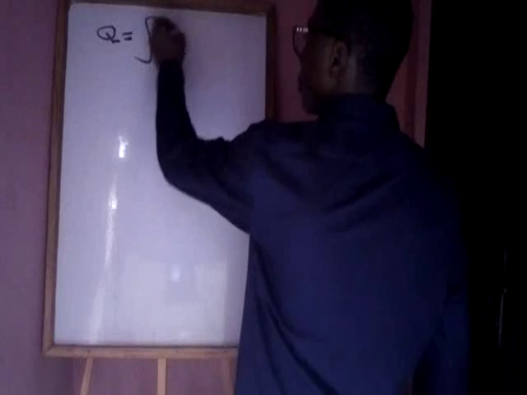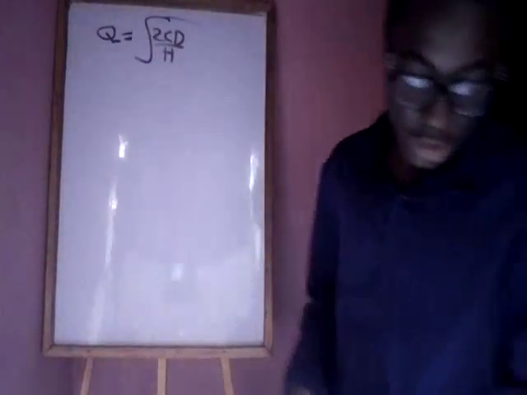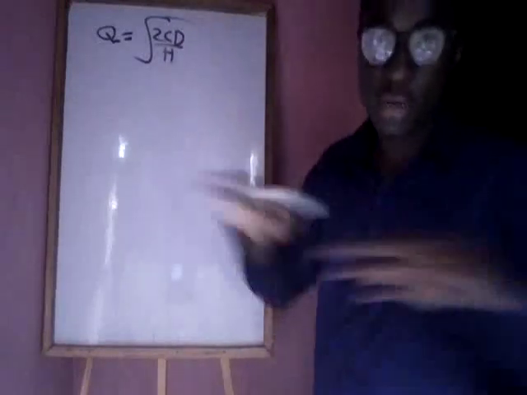In this question, we will be solving it shortly. So first of all, we have Q hash equals the square root of 2CD over H. So Q equals square root of 2CD over H. This particular thing is the economic order quantity, that is the quantity at which there's an order equilibrium.